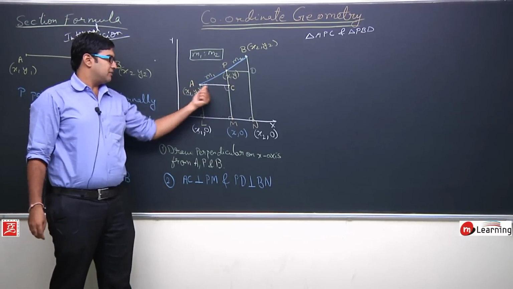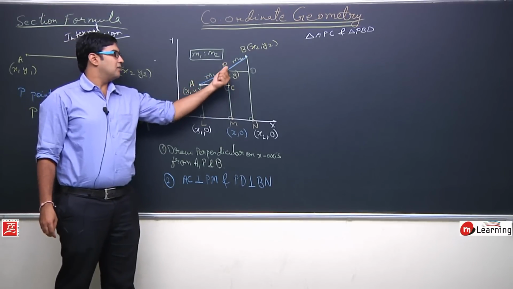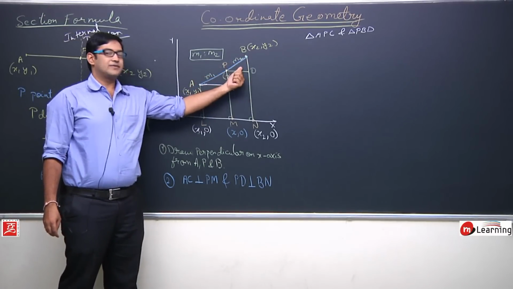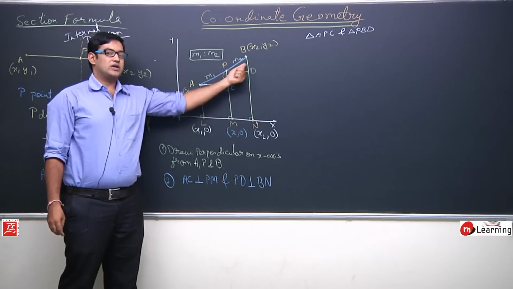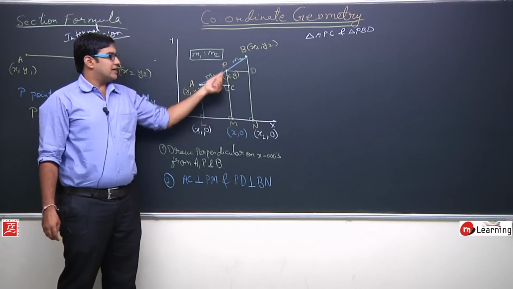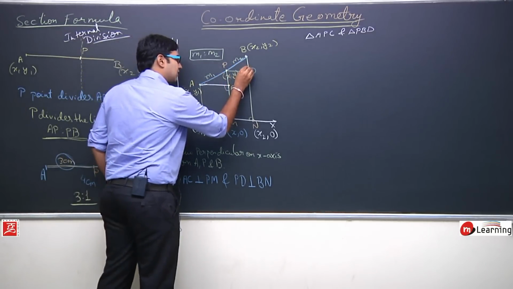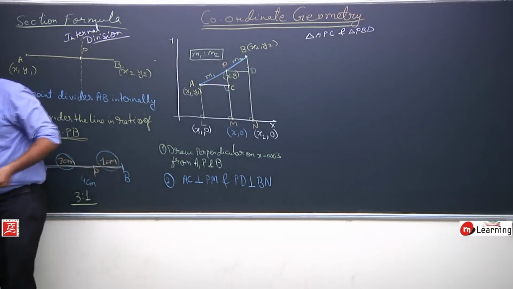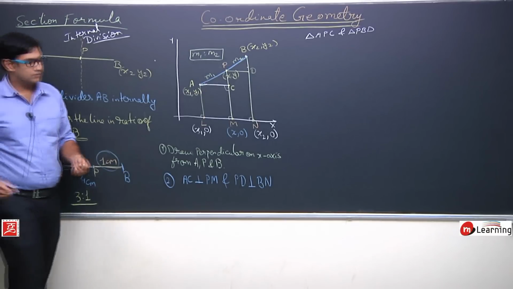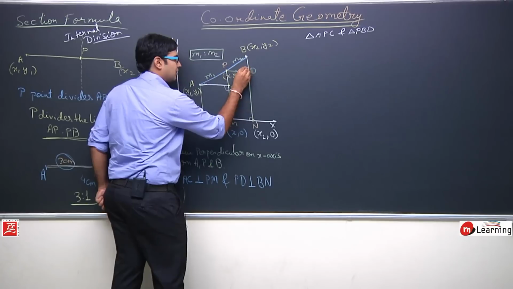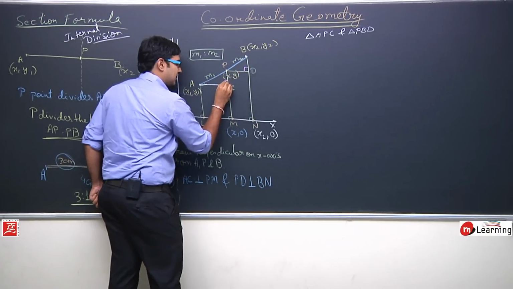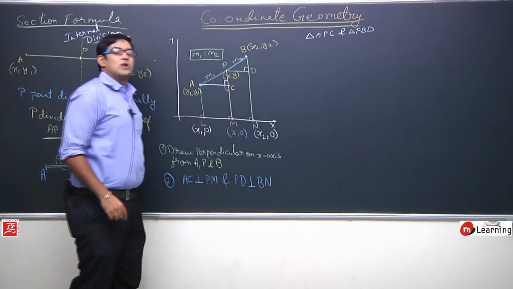APC means this one and PBD means this one. Consider these 2 triangles. In these 2 triangles you will find that this angle and this angle are equal.